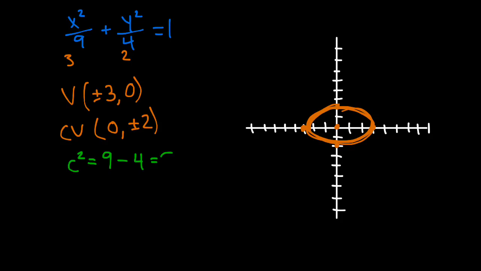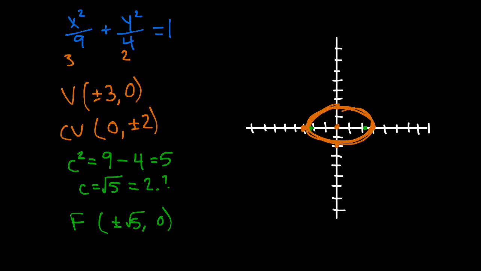So c squared equals 5, so c equals the square root of 5, which is going to be 2 point something. Okay, so that means our foci would be out 2, or just a little bit more than 2. On this, it's easy to tell that they're at plus or minus square root of 5, 0. If you were to put in there plus or minus 2 point, whatever that is, that would be fine as well.